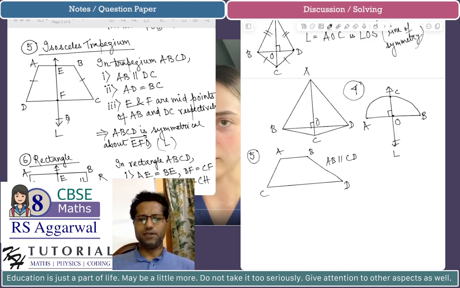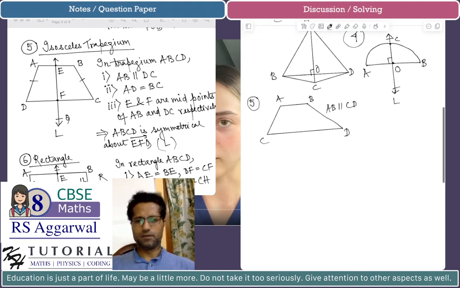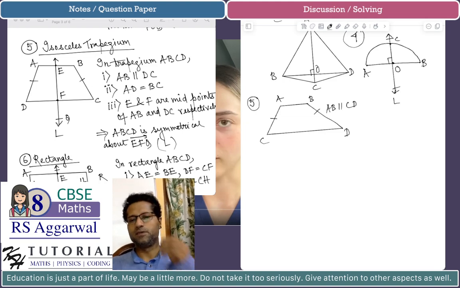Now, if in the trapezium the two opposite sides which are not parallel are equal, then this is an isosceles trapezium. That is, ABDC is an isosceles trapezium where the opposite sides AB and CD are parallel to each other, and the other two opposite sides are equal.